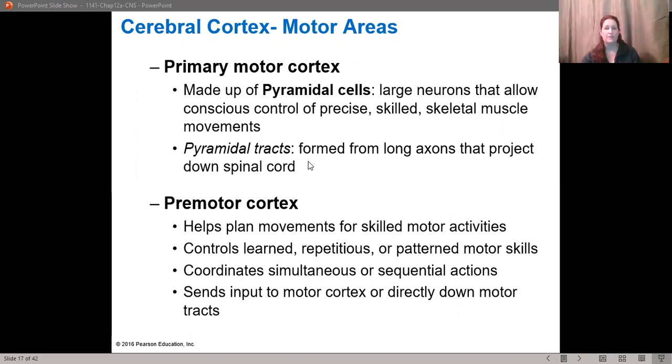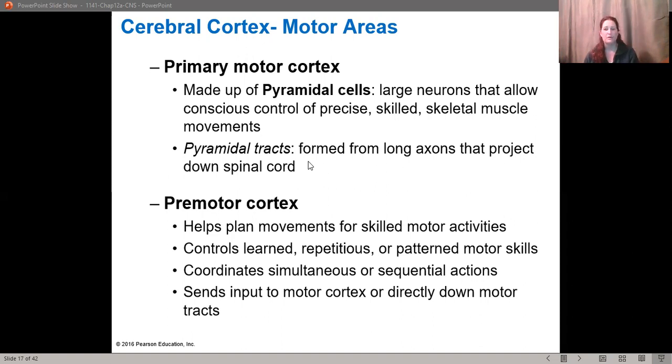Next to the primary motor cortex, we have the premotor cortex. So it's not helpful if you want to play a trumpet or a piano to contract random muscles in your fingers. It probably wouldn't make beautiful music.